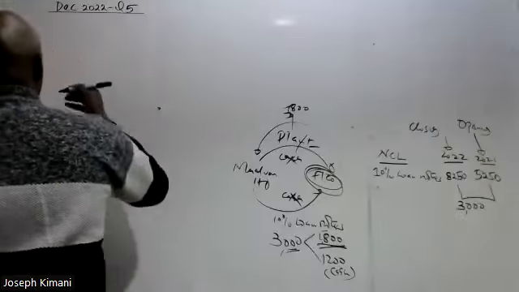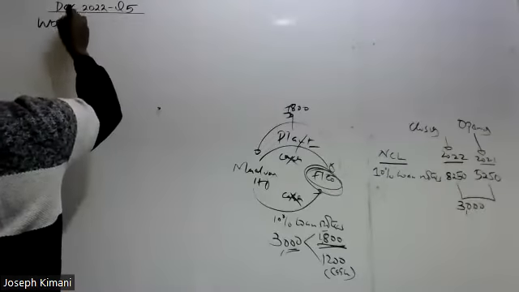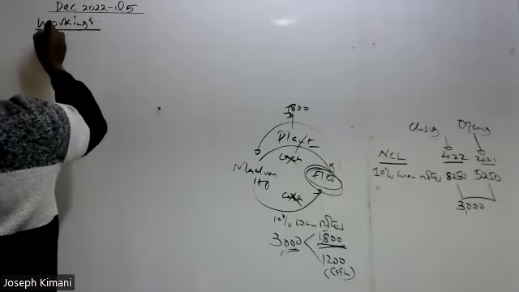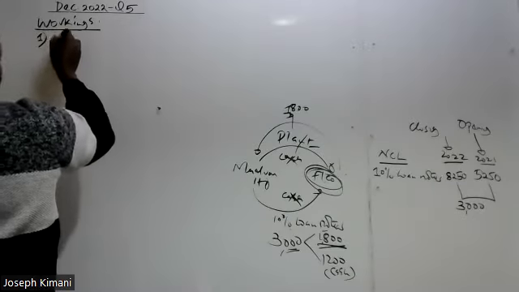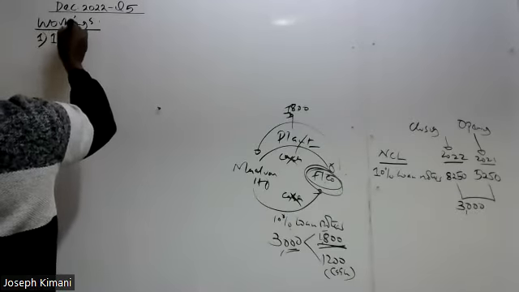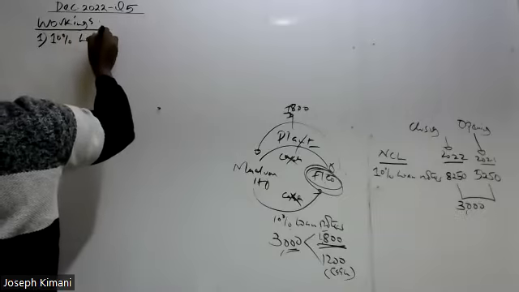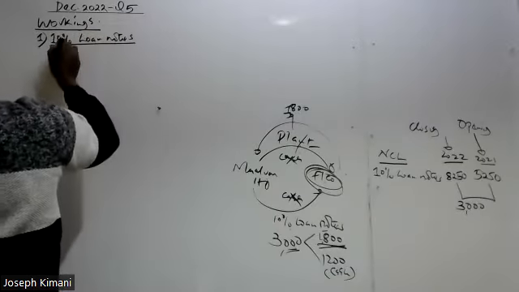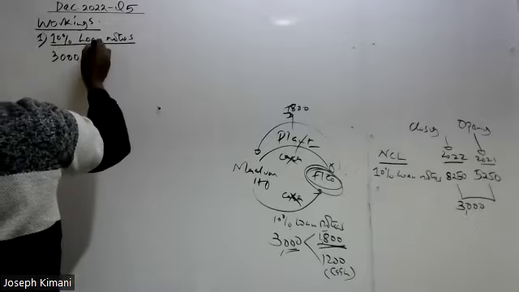So maybe we can have some few workings. Although remember, we had done some of these workings, I think we can just reproduce them again. So we have the 10% loan notes which were issued. We know that they had a value of 3,000.